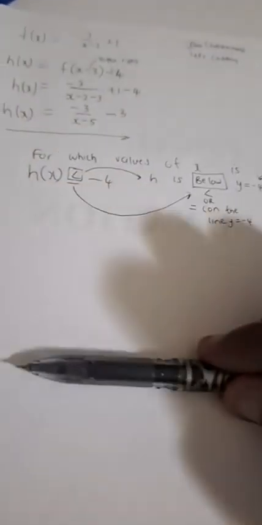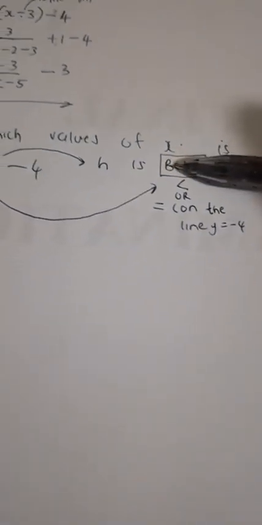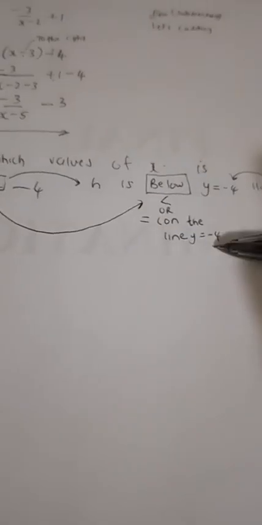So we are looking on the line and below the line. And we are looking for the x values that show us on the line y is equal to negative 4, which is the equal part, and below the line y is equal to negative 4, that is the less than part. Less than means below, equal means on the line.